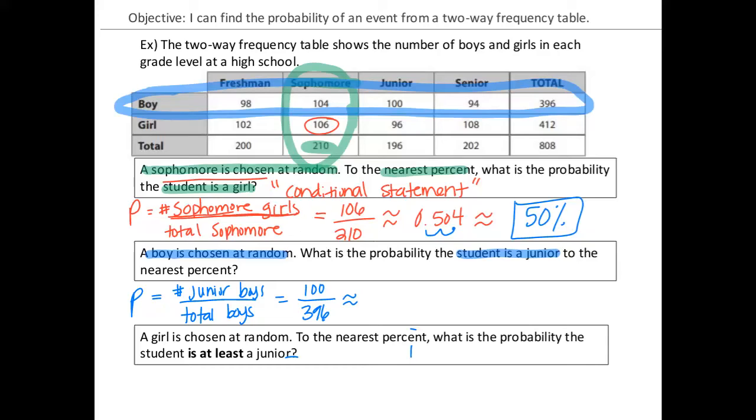What would that be? 100 divided by 396. Thank you, 0.252. So it's to the nearest percent. Move the decimal twice. So the 0.2 keeps it at 25%. So approximately 25% of the boys are juniors.